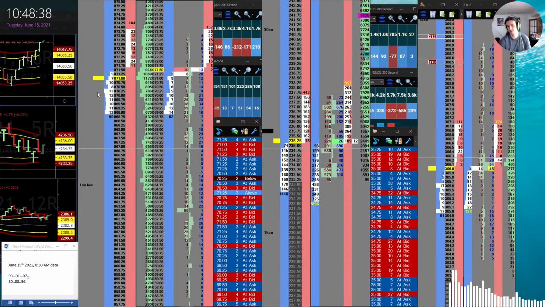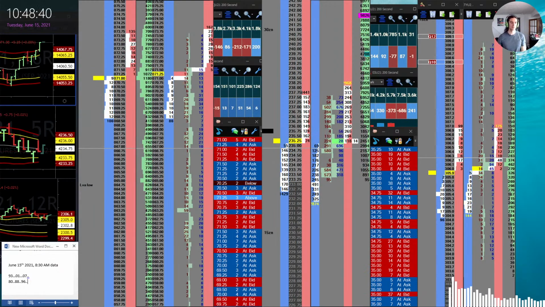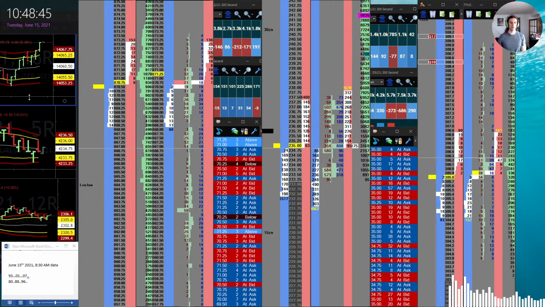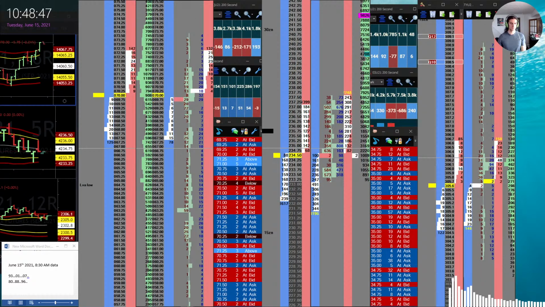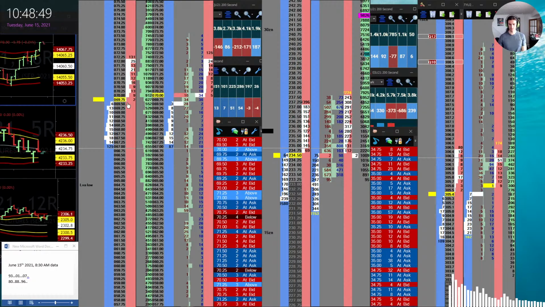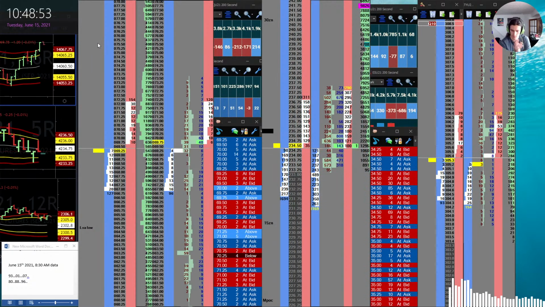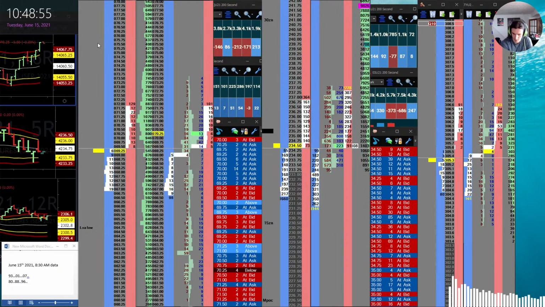So it was 64, then 71. Again, this is the top of the range here, 71, 74. Same as before. So we're on an up move now on the Qs.